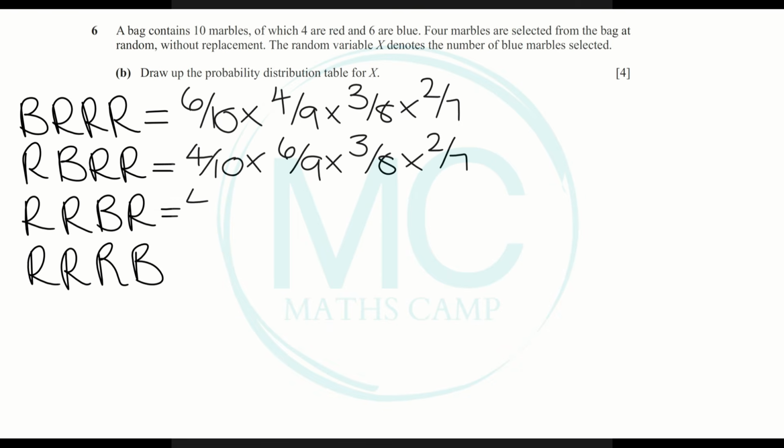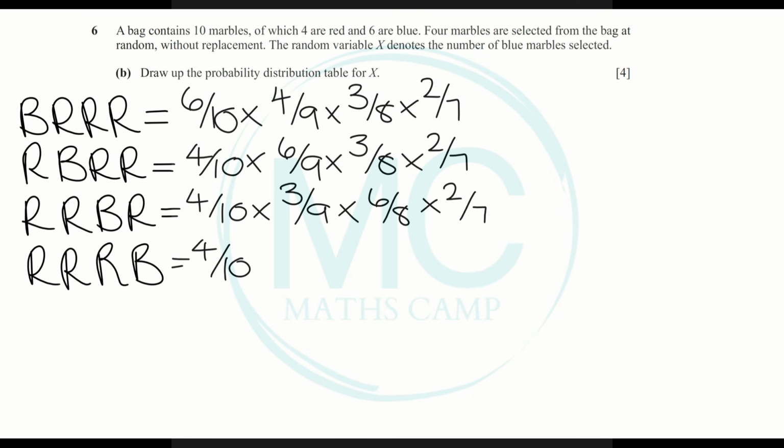First marble's red, so 4 out of 10, and second marble's red, 3 out of 9, and we have all blue marbles in the bag, so this is 6 out of 8, and 2 out of 7. Let's look at our last combination. First marble's red, 4 out of 10, and second marble's red, 3 out of 9, and third marble's red, 2 out of 8, and our fourth marble is blue, 6 out of 7.